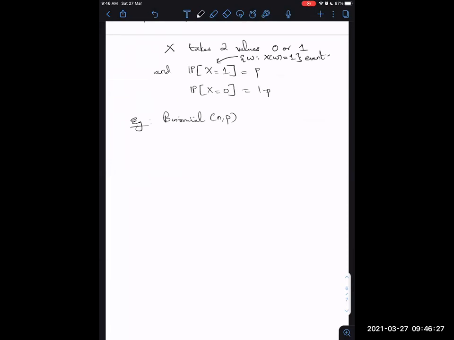So when you think of binomial, this is what you should think. This is the distribution of the number of successes in n independent Bernoulli trials.